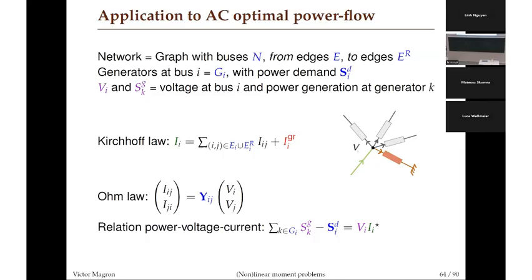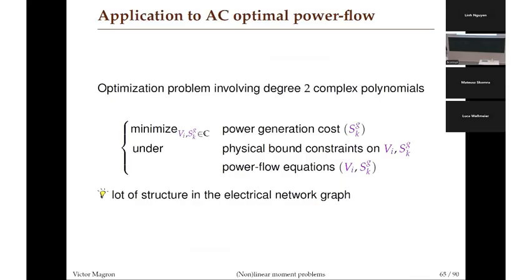Basically the power is the product of the voltage and the current, and then nonlinearities appear. This is just the conservation of energy written at the bottom. These equations make the problem very hard to solve because it becomes quadratic, basically. It leads to what they call the power flow equations.